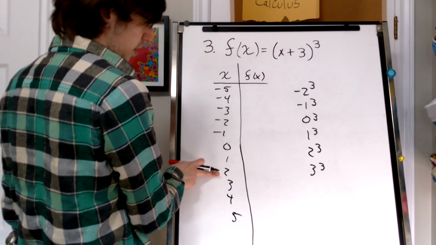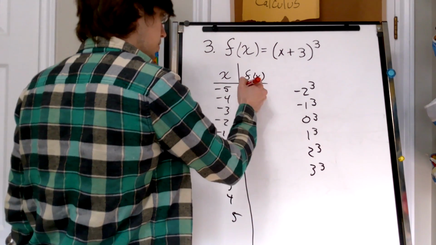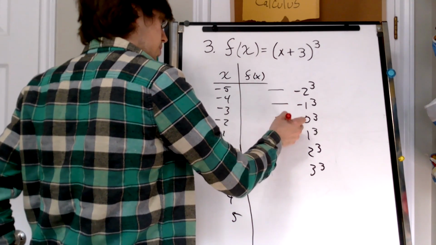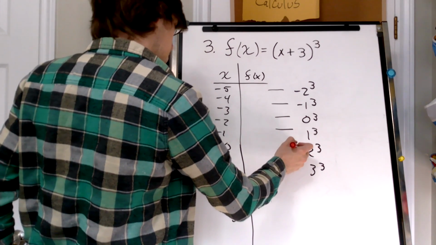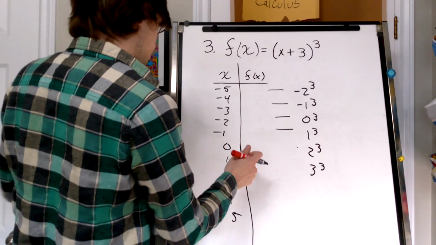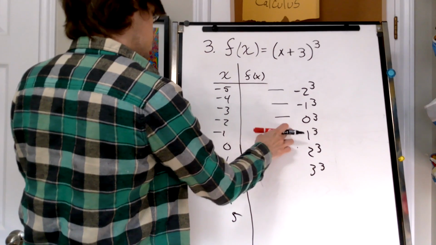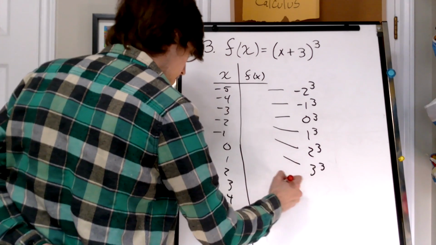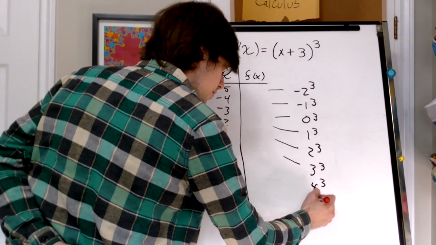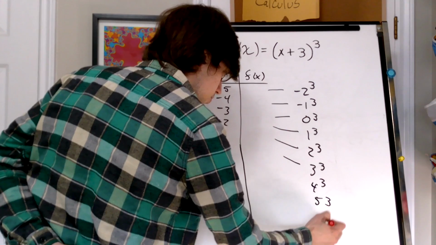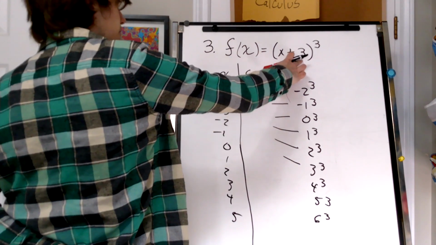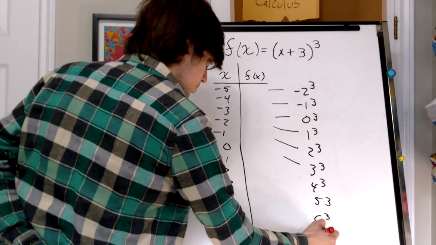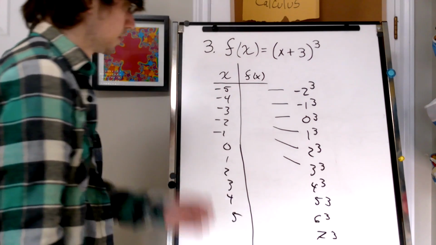Let's keep going. 5, 4, 3, 2, 1, 0. Yeah, that makes sense. Okay, 4 cubed, 5 cubed, 6 cubed, 7 cubed, and so on.